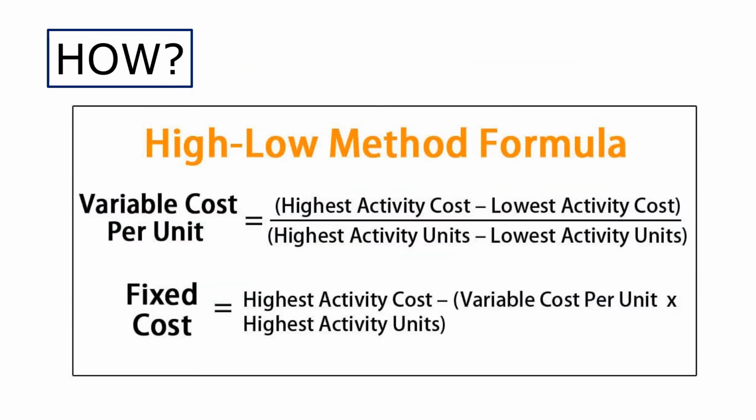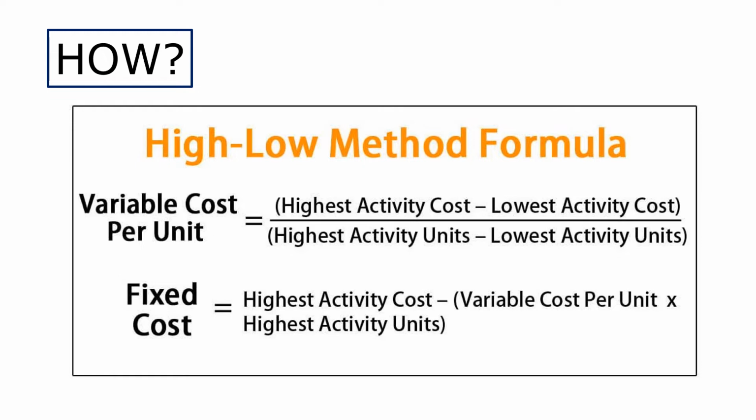The formula for the high-low method is, by deducting the lowest activity cost from the highest activity cost. Once we determine the highest activity level, the highest output in units, and the lowest activity level, the lowest output, we then take the cost of these two outputs and compare them.